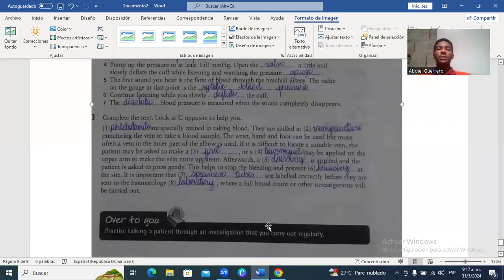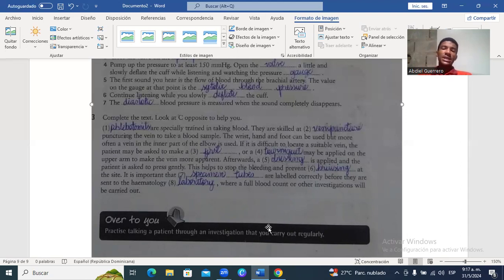Complete the text. Look at C opposite to help you. Phlebotomists are specially trained in taking blood. They are skilled in venipuncture, puncturing the vein to take a blood sample. The hand and foot can be used, but more often a vein in the inner part of the elbow is used.